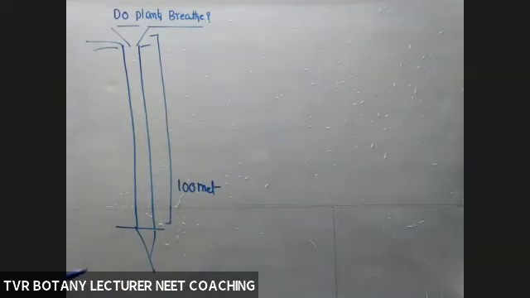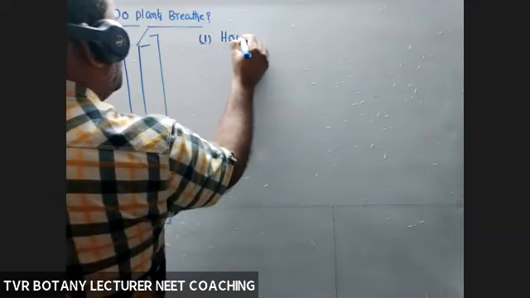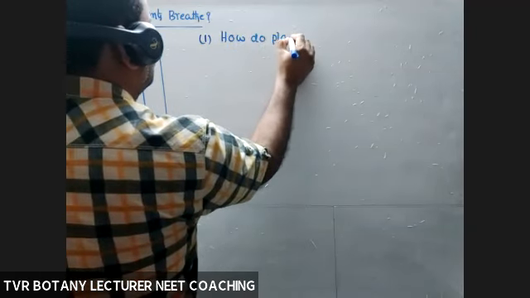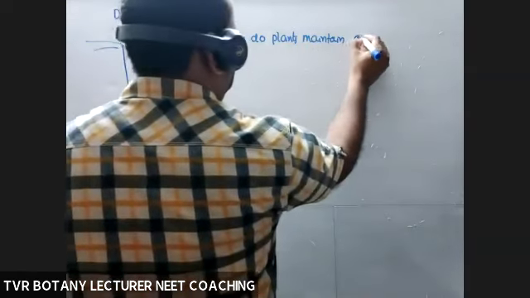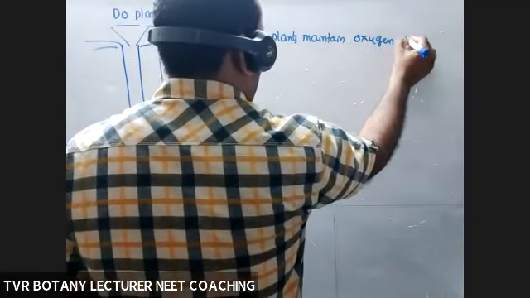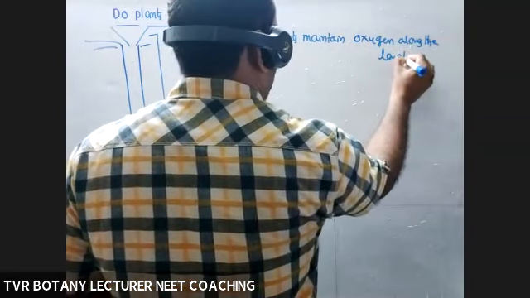The given question is, even though the plant is without an organ and organ system concerned with the supply of oxygen, how is the plant able to maintain O2 along its length? So the question is, how do plants maintain oxygen along the length of the body?